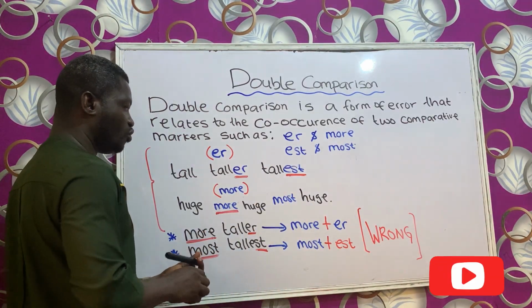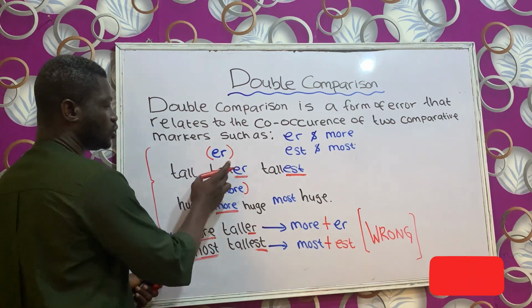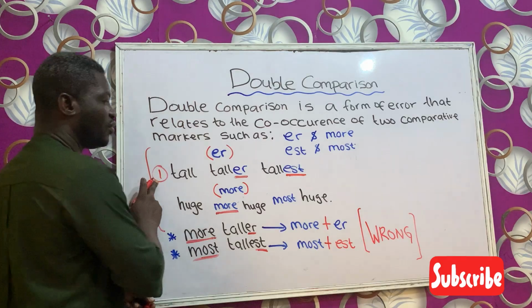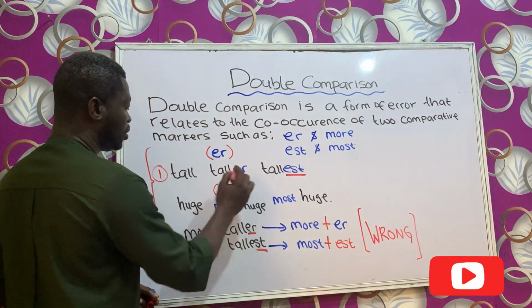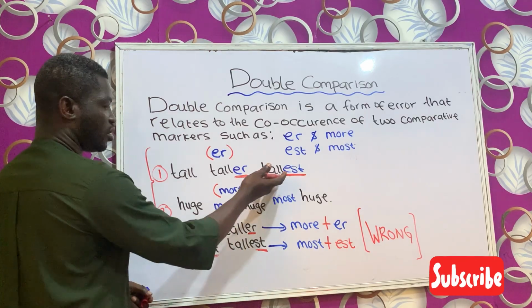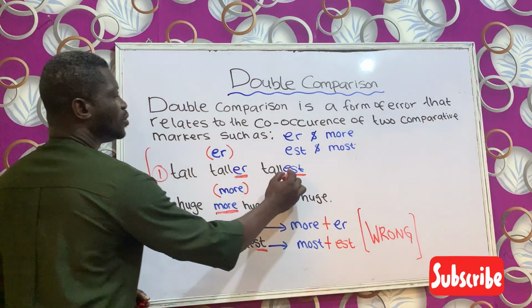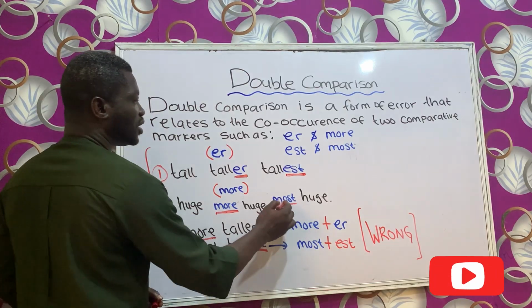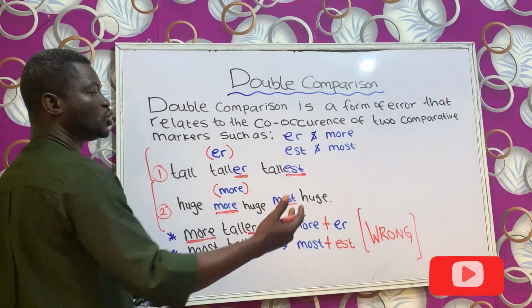So what exactly have we done? When comparing between two, look at the first example. If you look at the first example, we added ER. But if you look at the second example, we added more. When comparing three, in the first example, we added EST. In the second example, we added most. This tells you these are the common ways we try to compare.